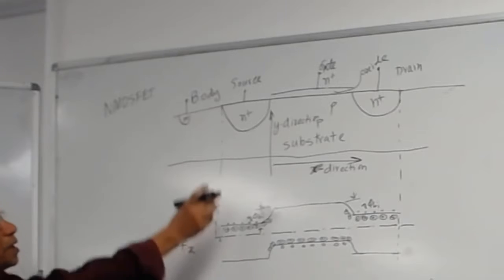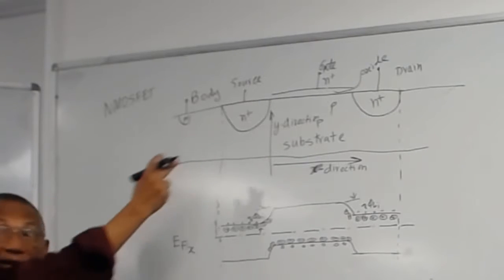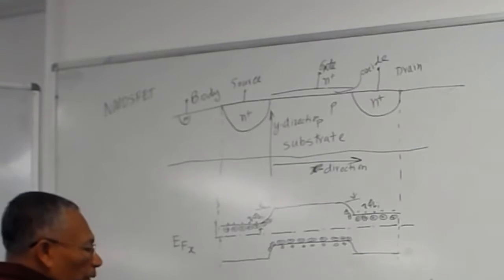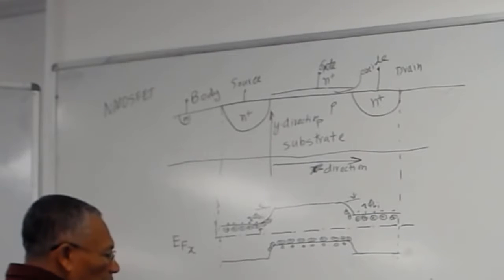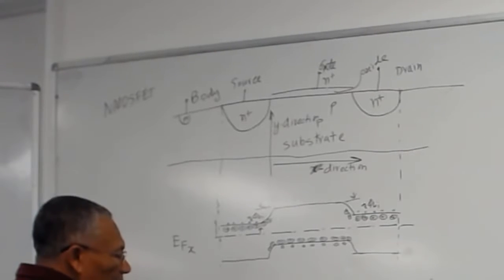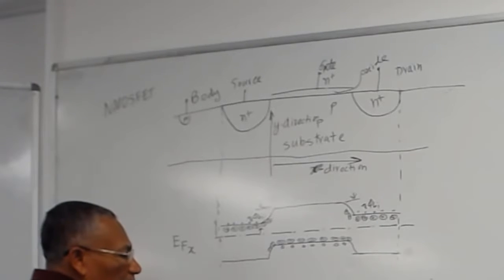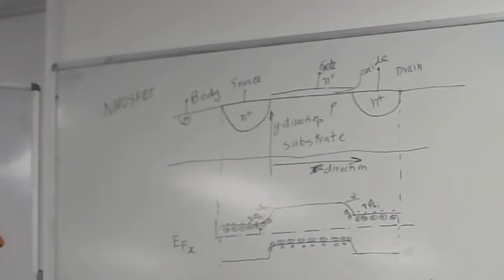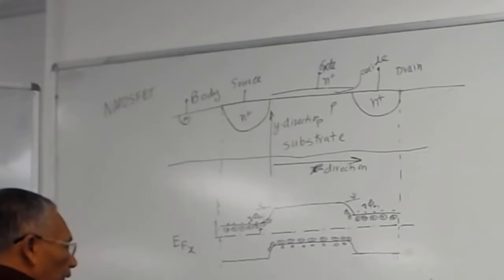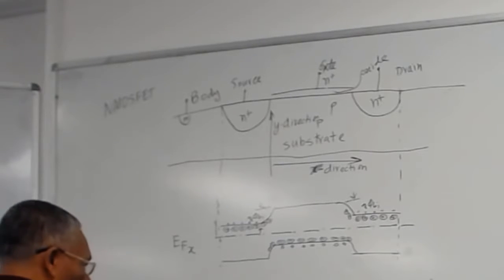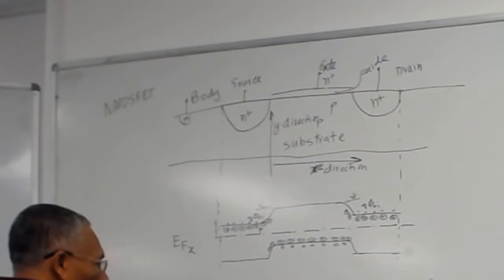Here, this is your N plus, so it's N type, so your Fermi energy level will be closer to the conduction band. Then, as in a p-n junction diode, it will go up slightly here, because the charges will move away and take the same amount here, and then you will have another band going this way.